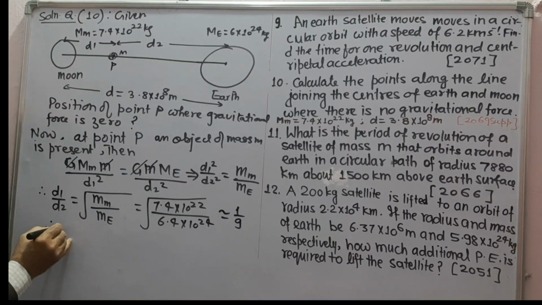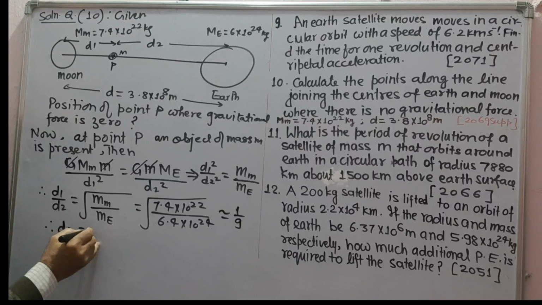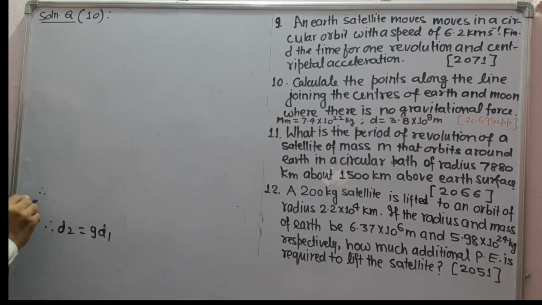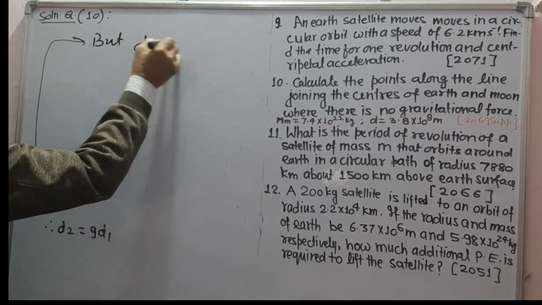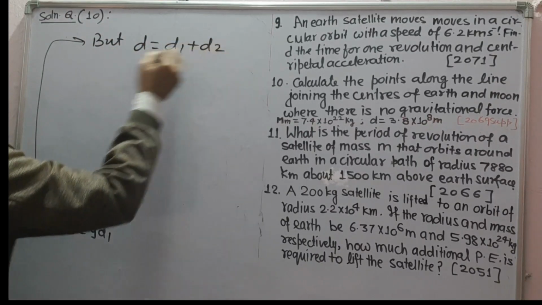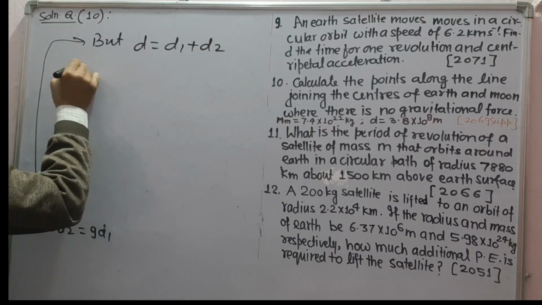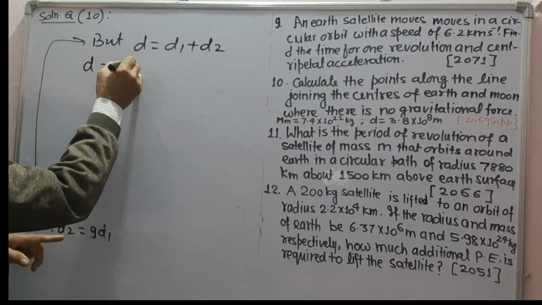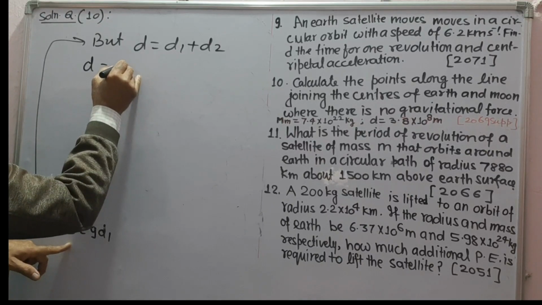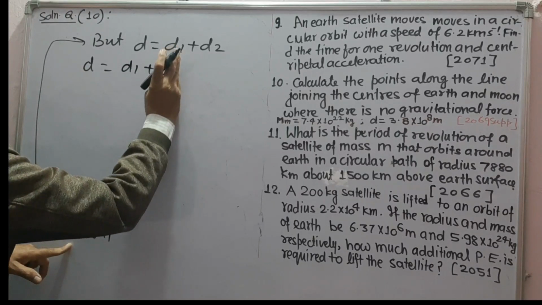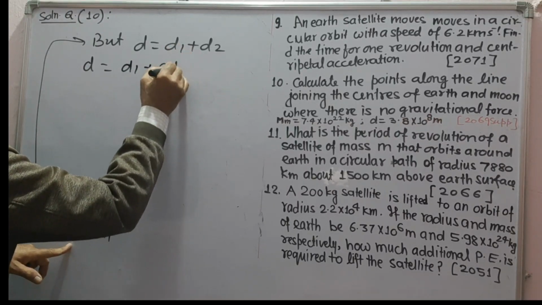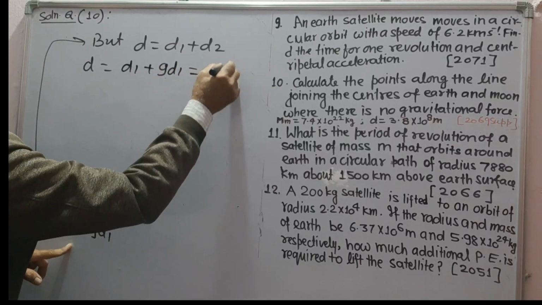Therefore D2 will be equal to 9 D1, but total D is equal to D1 plus D2. D will be equal to D1 plus 9 D1, which is equal to 10 D1.